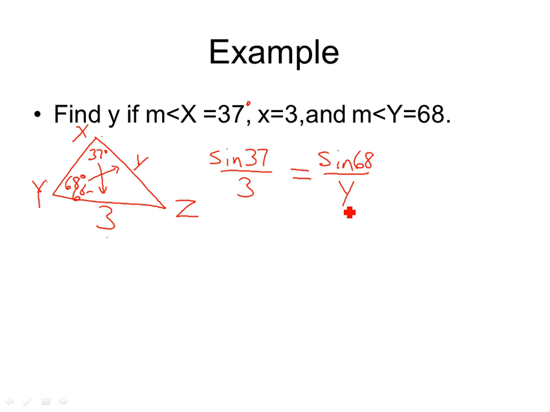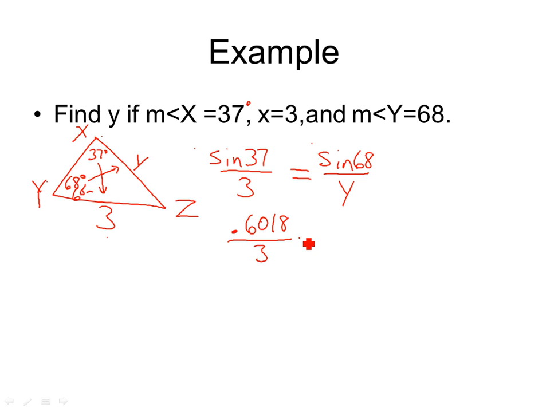Once you set up that proportion, before you can cross multiply, you have to figure out what the sine of 37 is and what the sine of 68 is. To do that, you just take your calculator and hit sine, don't hit second, just hit sine 37, and it's going to equal 0.6018.